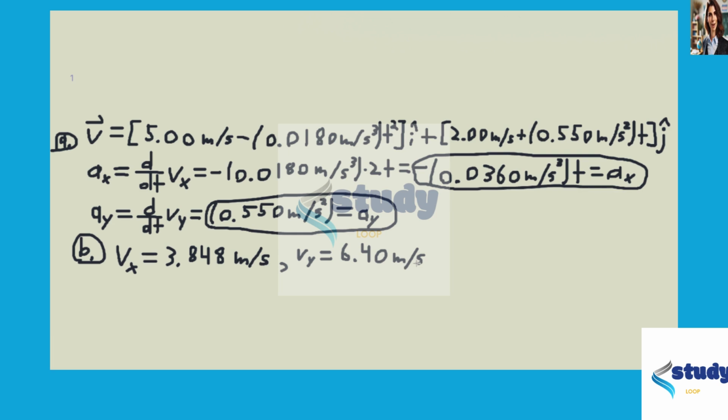Now it's asking for the magnitude and direction of the velocity. For the magnitude, I'll use the magnitude equation here.